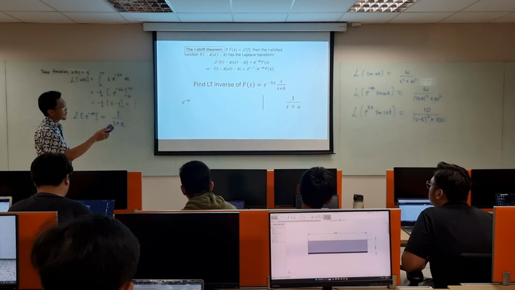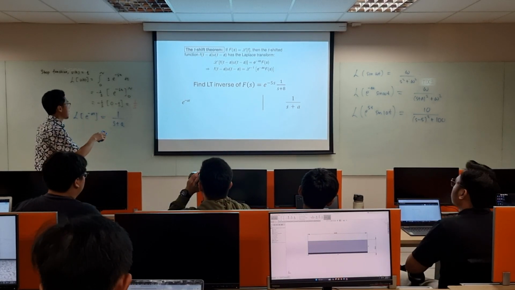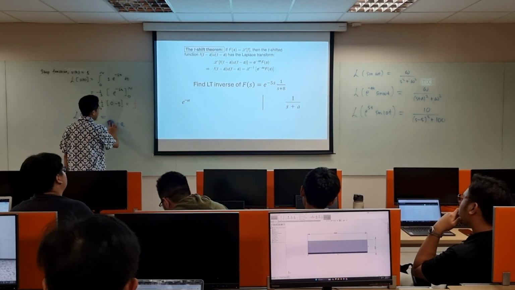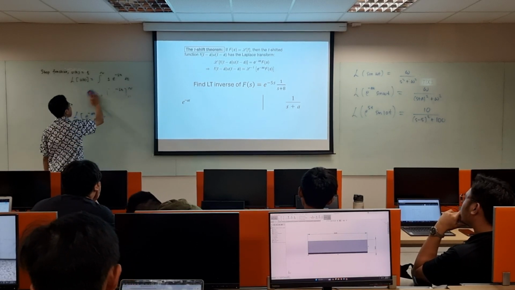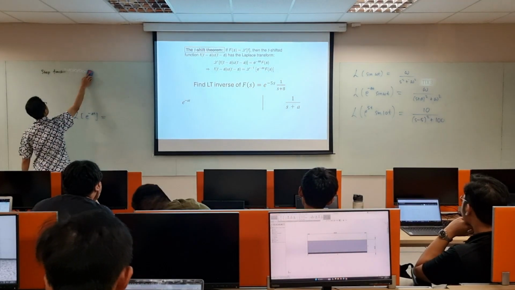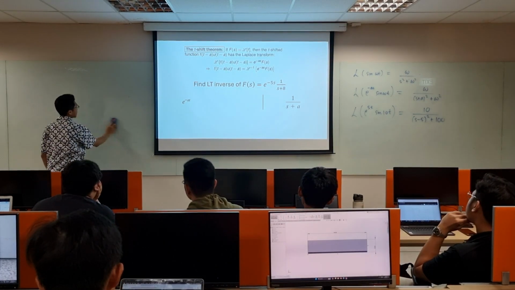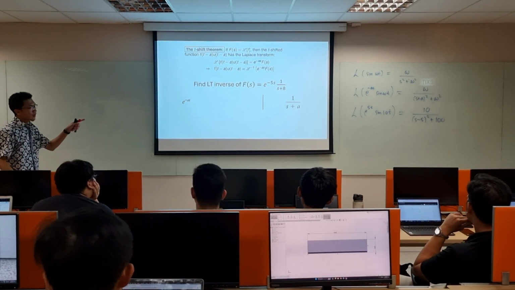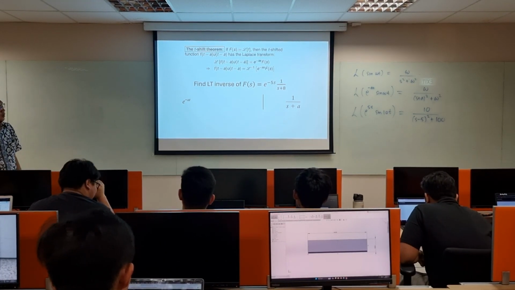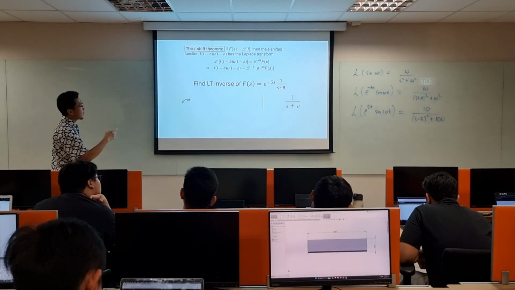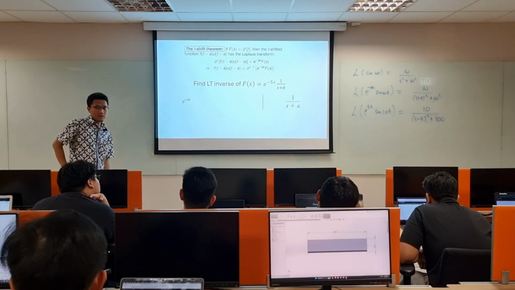Now we discuss the t-shift theorem. This is a bit different. You want to shift the time domain function by a factor of a, and the result is that your Laplace transform has to be multiplied by an exponential function.